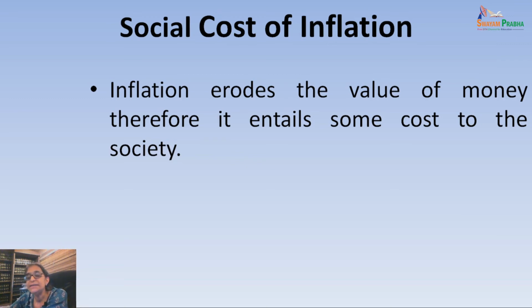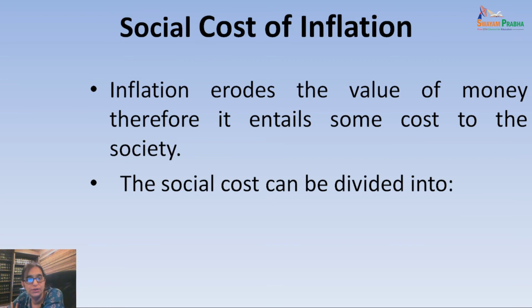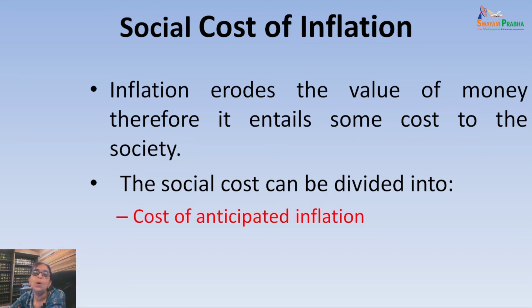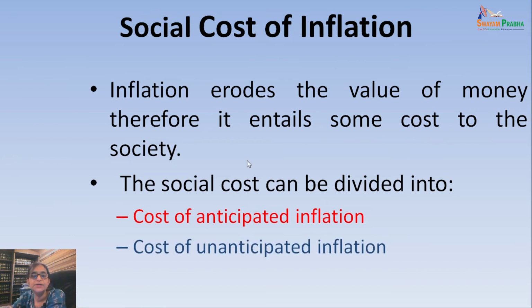Therefore, to the society, there is some cost involved. And when we want to understand the cost involved due to this inflation, we divide it into two types. One is called the cost of anticipated inflation and the other is known as the cost of unanticipated inflation.